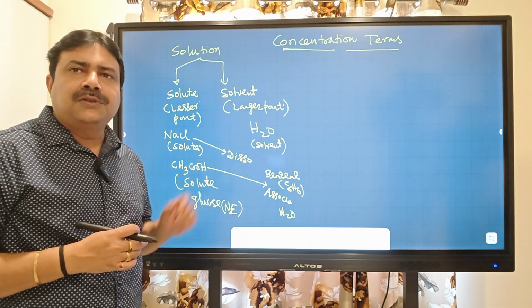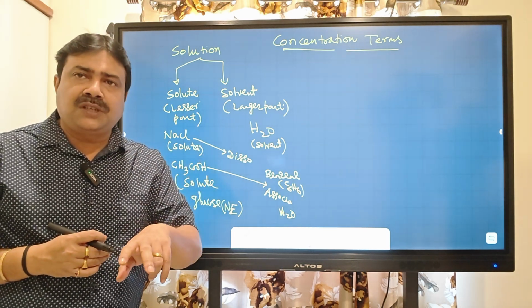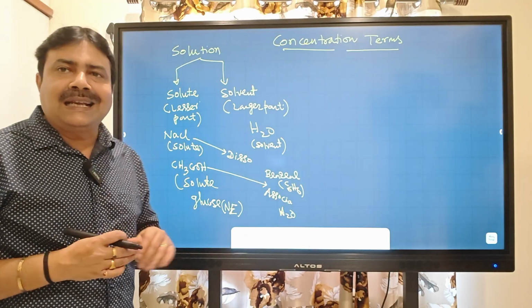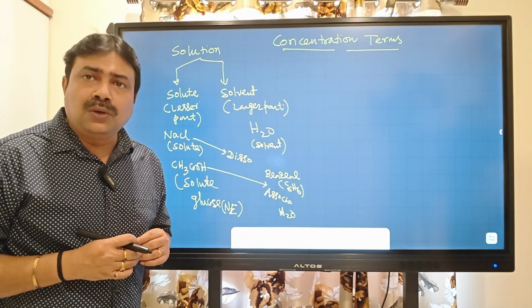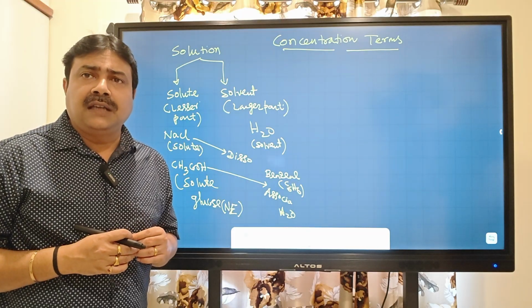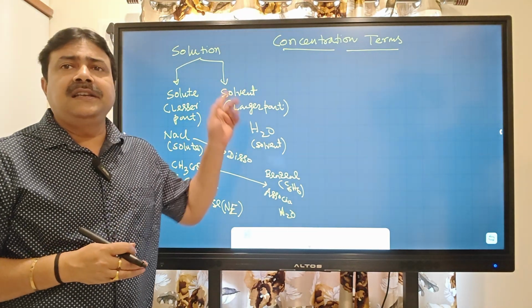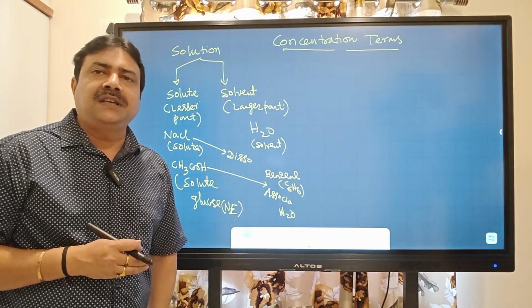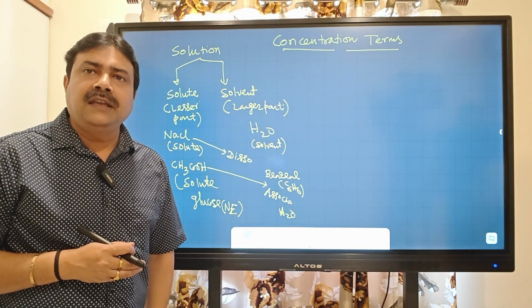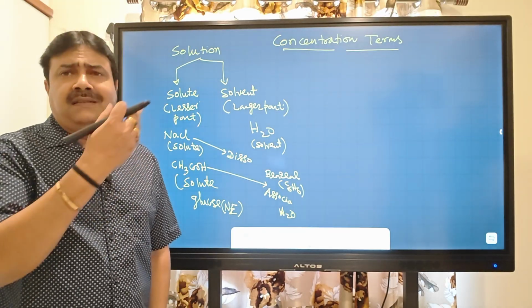Another type of solute will neither undergo association nor dissociation; they are non-electrolytes, like glucose, urea, sucrose. Depending on this nature of the solute, scientists developed different concentration terms to define a solution. Why is concentration required? To define a solution.